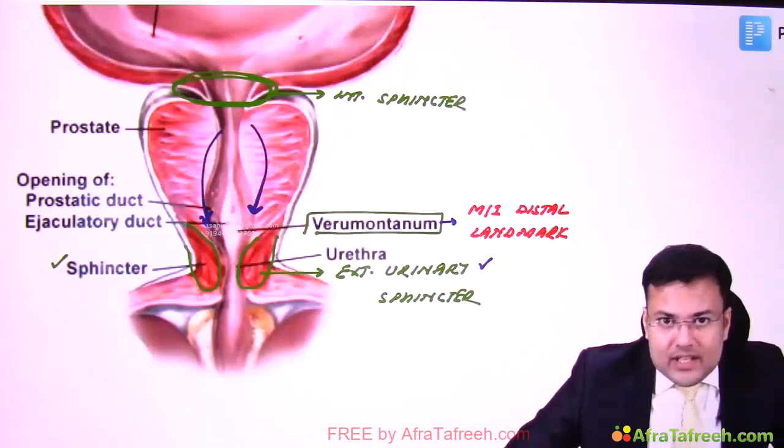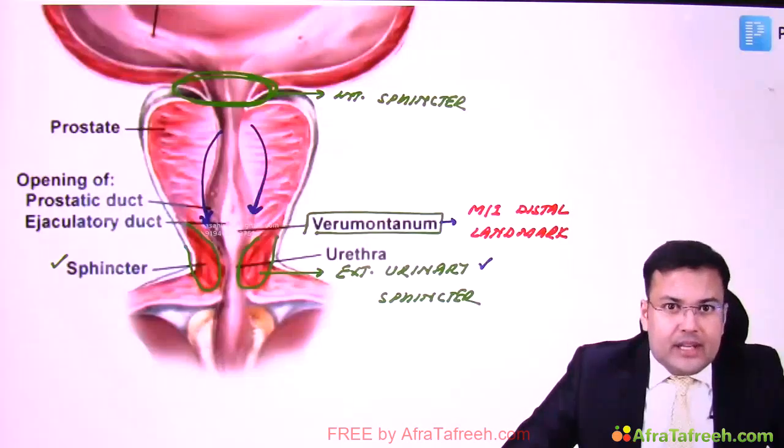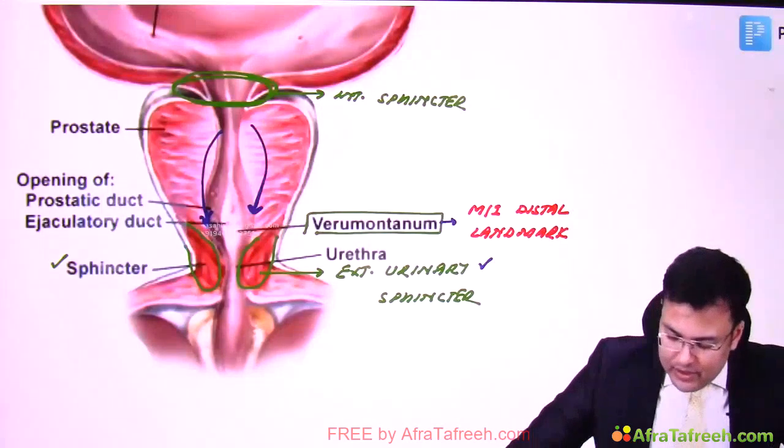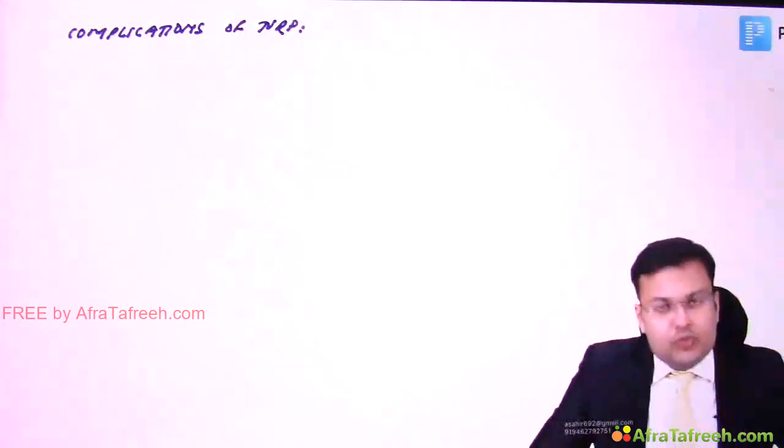Now see, the complications are related. How are the complications related? The most common complication of TURP is retrograde ejaculation. So see the complications of TURP, right? The most common complication is retrograde ejaculation.